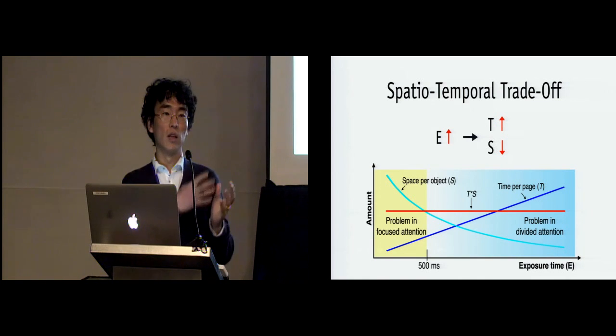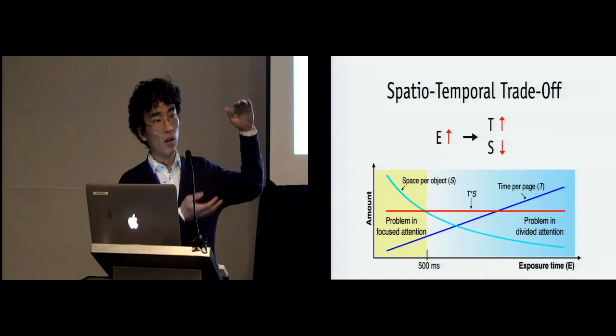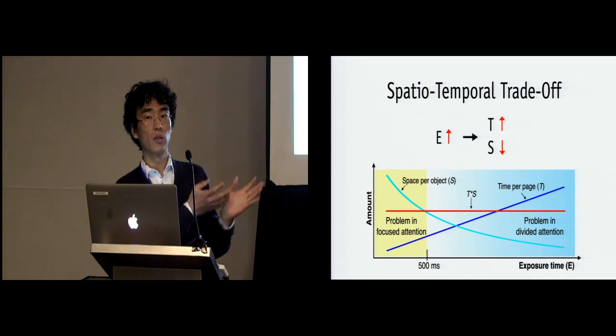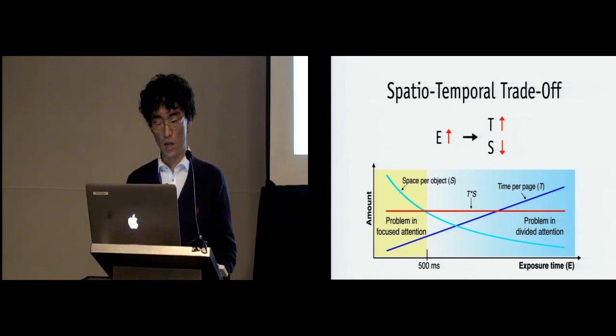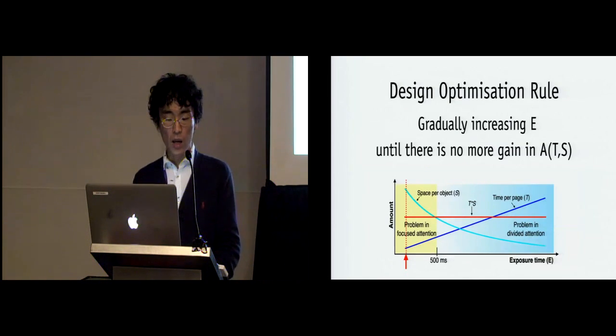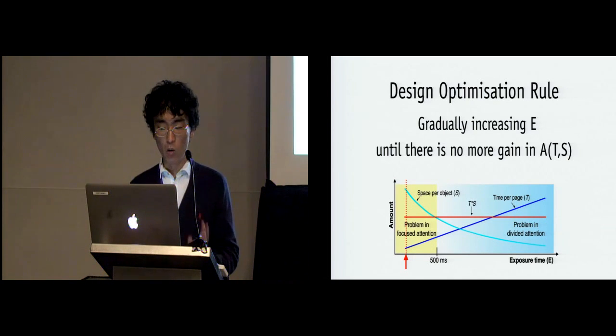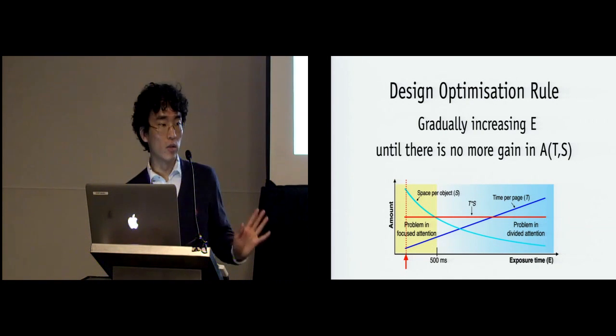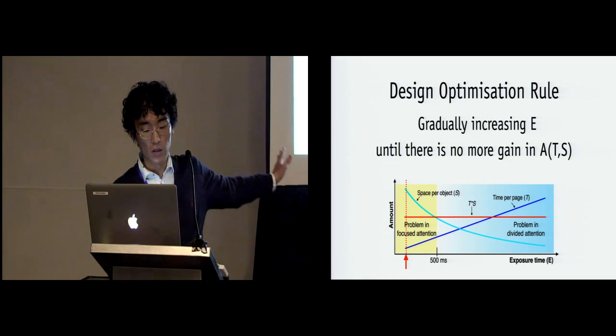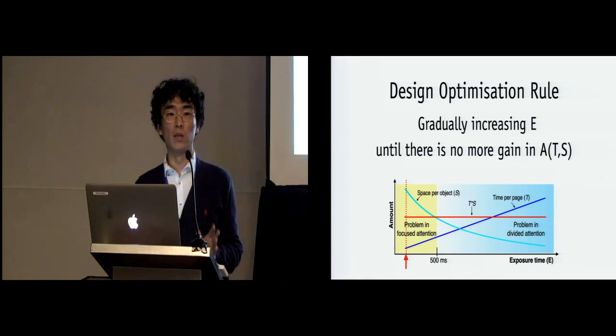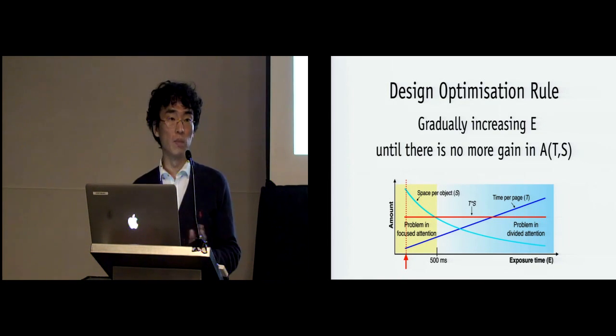If we increase the exposure time, we have less space for the object, so we have to decide the best exposure time. The basic idea here is that we are now located at one extreme of the scroll, so the temporal resource is too limited compared to the spatial resource. So the basic idea of the optimization is to increase e gradually until there is no more gain in attention.